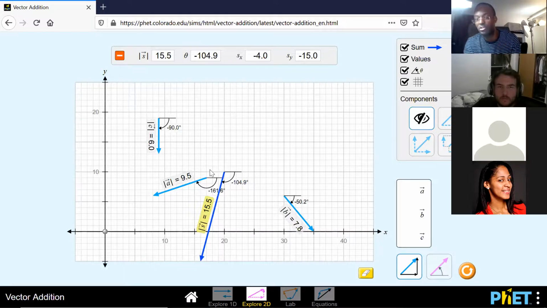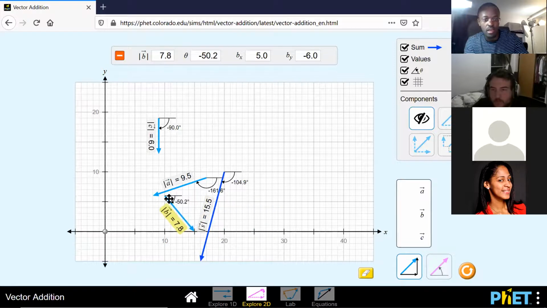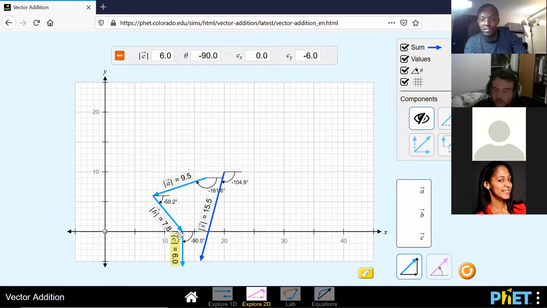and more interesting. A plus B would be, I take the tail of B, I put it on the head of A, but I move B parallel to itself. You see that in moving B, it was always going parallel to itself, right? Now, A plus B plus C, I take the tail of C, I put it on the head of B. Do you see that?